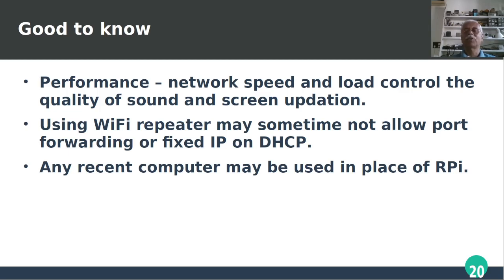It will continue very well. We do have a 30 Mbps network available in our area, but somehow it is not very good. With a Wi-Fi repeater, if your rig happens to be in a slightly different area, then I am not able to fix the IP or DHCP, because Wi-Fi repeaters create their own subdomains.